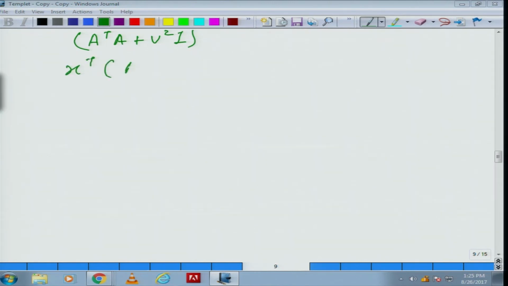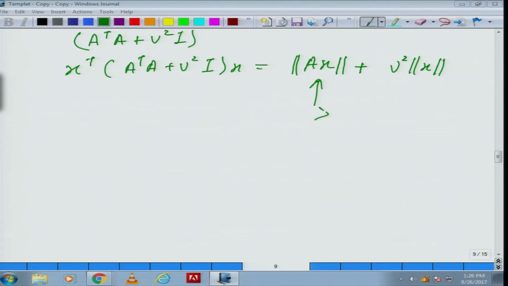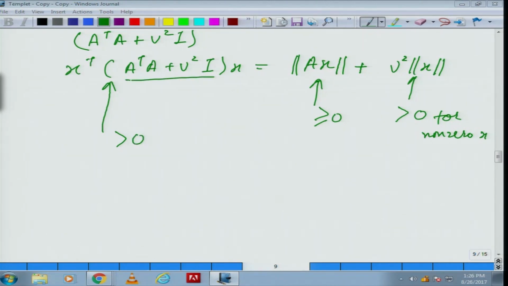We'll multiply X transpose and X on the sides, and this will give us the norm of AX squared plus nu square times the norm of X squared. Now this quantity is greater than or equal to 0, and this quantity is greater than 0 for non-zero X. So we can conclude that in fact this is always greater than 0, and hence this is positive definite.